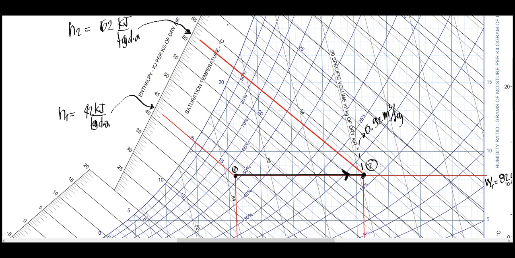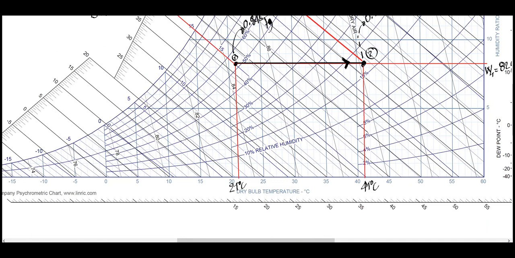For point 1, the specific volume is between 0.84 and 0.86, so the middle will be 0.845 cubic meter per kilogram. That is the properties at that point.